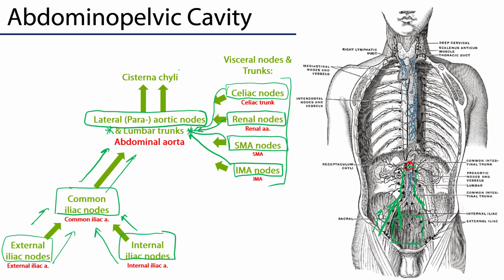And all of this flows up into the cisterna chyli, which is the proximal dilation of the thoracic duct, which then is going to drain into the left venous angle. Easy as can be.